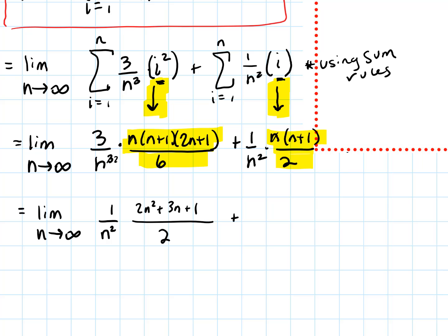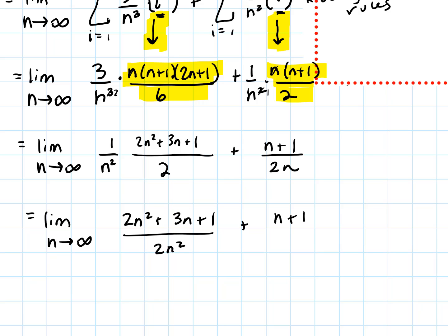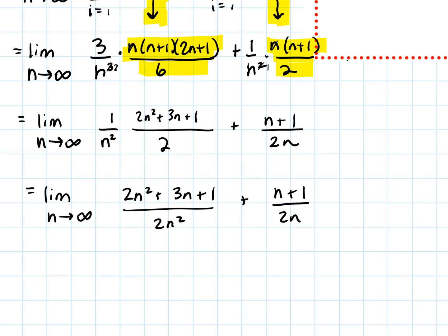Plus, I'm going to do the same thing here. I'm going to reduce that n with one of those n's there, and I get n plus 1 over 2n. And let's keep going and simplify, because we're trying to take this limit as n goes to infinity. This is now 2n squared plus 3n plus 1 over 2n squared, plus n plus 1 over 2n.